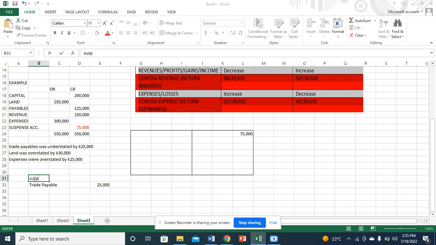Because remember, these are one-sided errors, so the suspense account is the one which is going to be helping you facilitate the double entry. So your suspense account, you debit 25,000. Are we okay with that? Any questions?